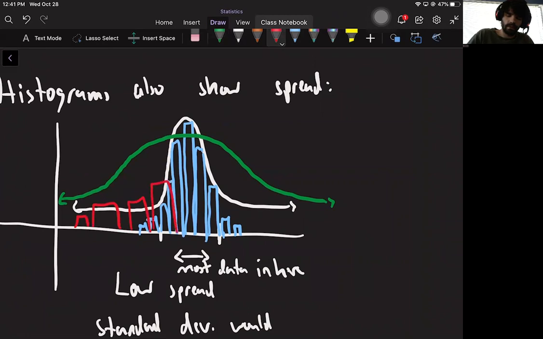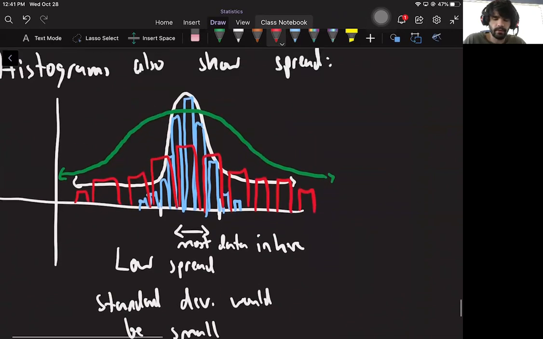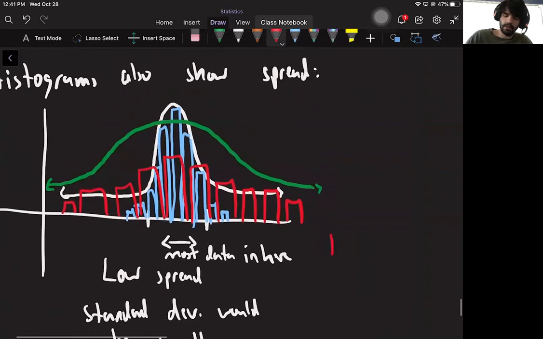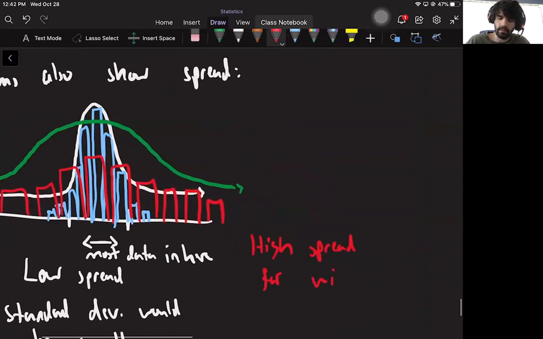I'm just giving an intuitive understanding. Of course I'm not drawing a very good histogram, breaking all those rules I wrote. But those red rectangles are much more spread out. So there's high spread there for a wider bell curve or a wider histogram.